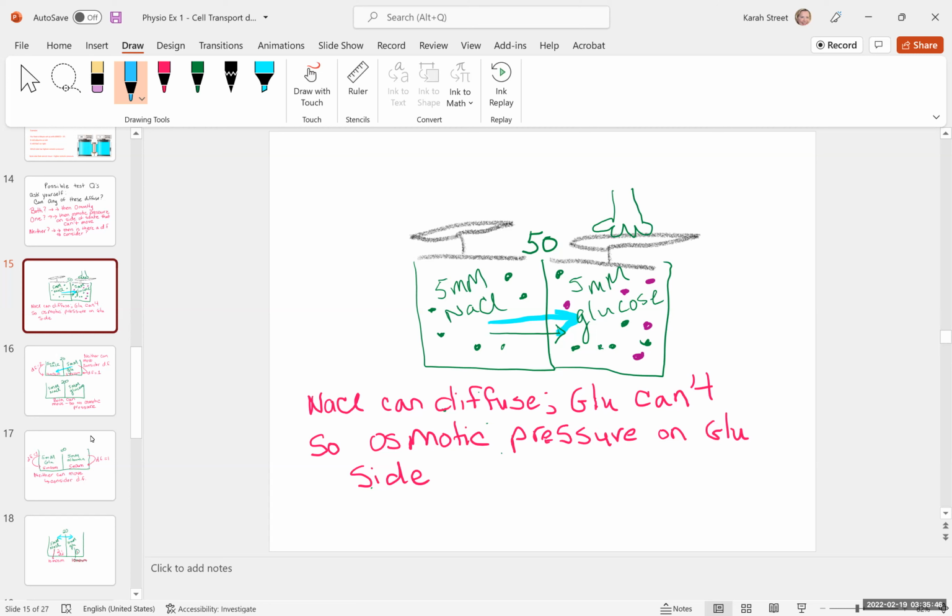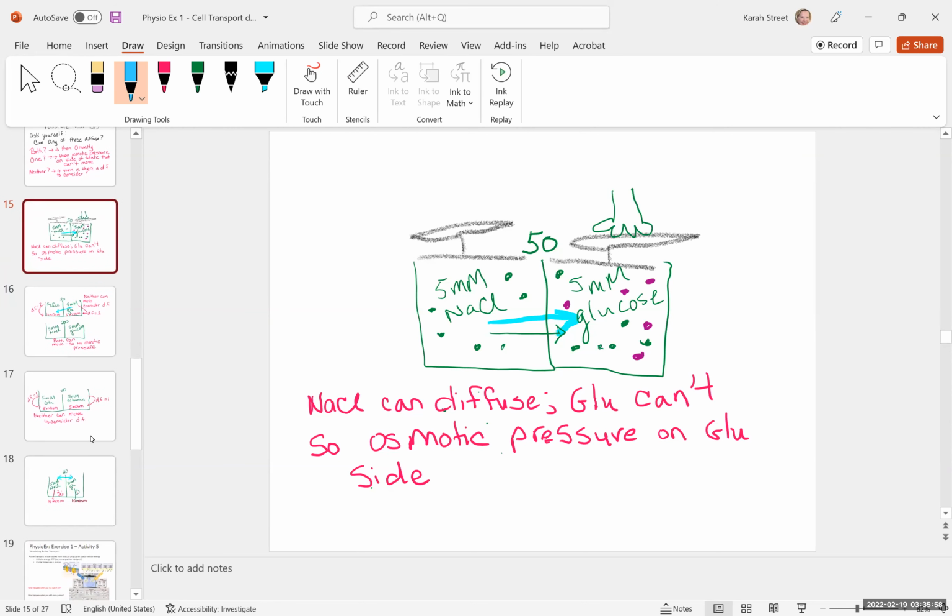So we ask ourselves, can any of these solutes diffuse? Well, we recognize sodium chloride can diffuse. It can fit through the molecular weight cutoff of 50, but glucose can't.